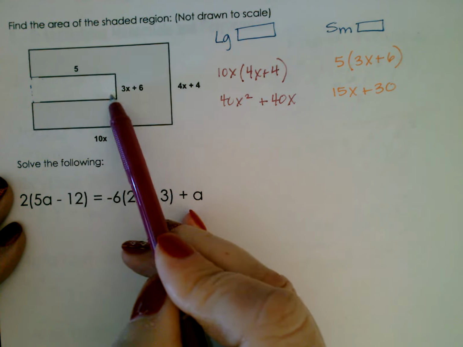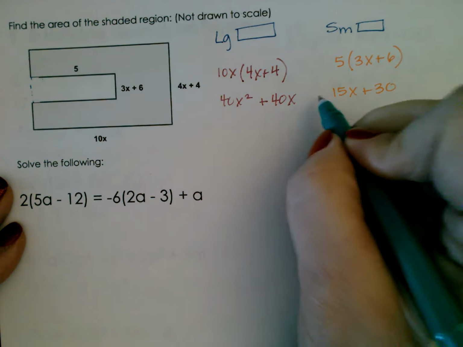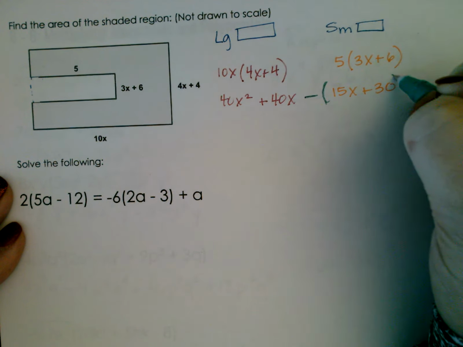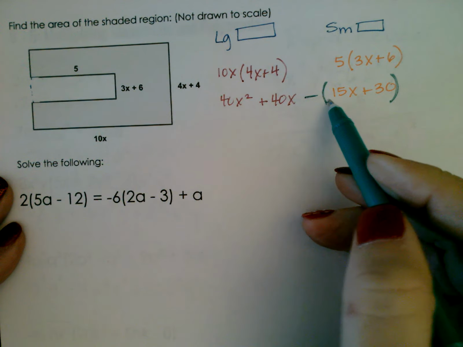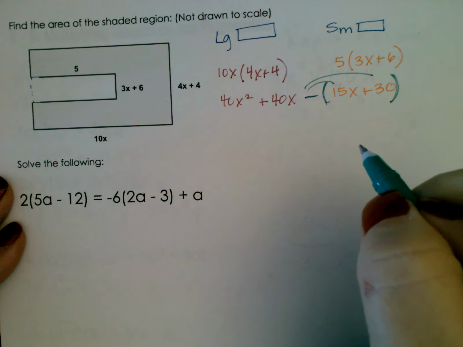I only want this part. So it's like someone took scissors and cut this out. Well, if they're cutting that out, I would need to use subtraction. I'm subtracting this binomial from that binomial. Well, remember you distribute that.